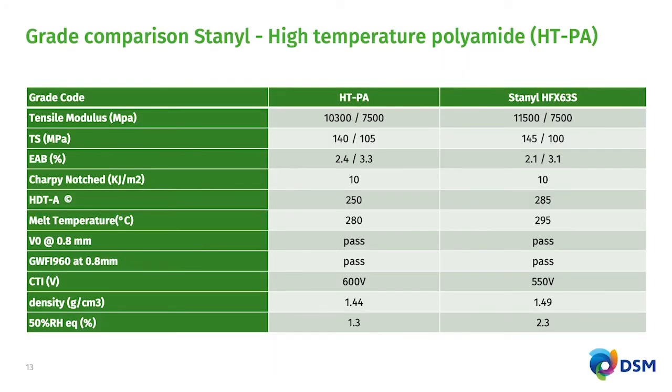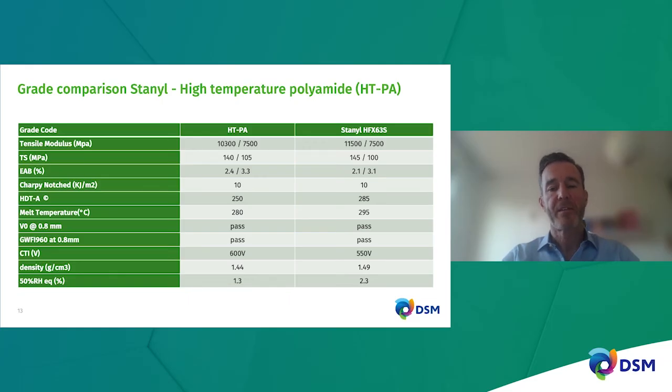For electrical devices, like I already mentioned, the housing in general is either polyamide 6, and if it doesn't work thermomechanically anymore, the switch is made to polyamide 6,6 and then to a PPA type material. Now, the jump from polyamide 6,6 to a PPA is quite big, both in performance and in price.